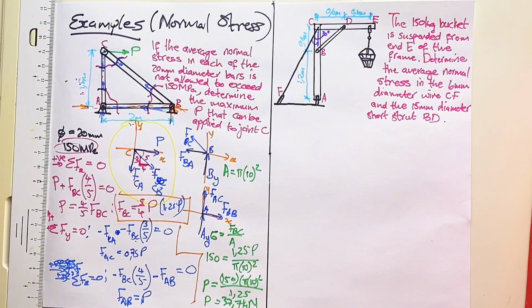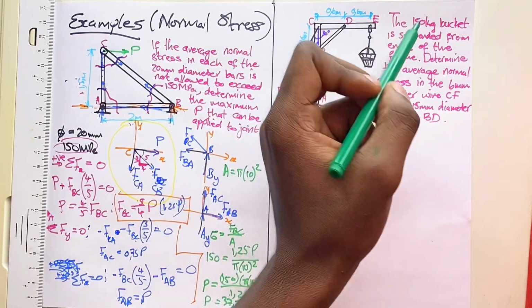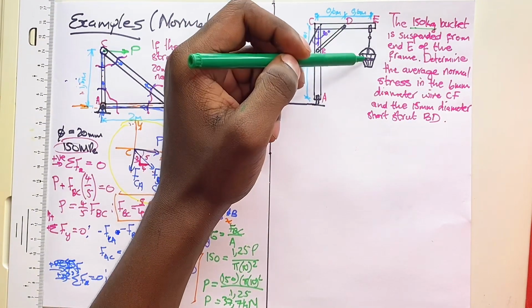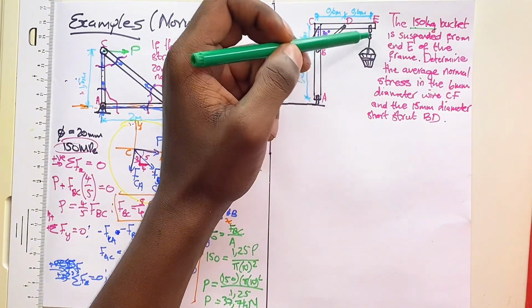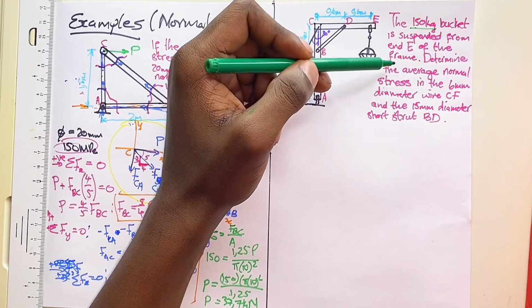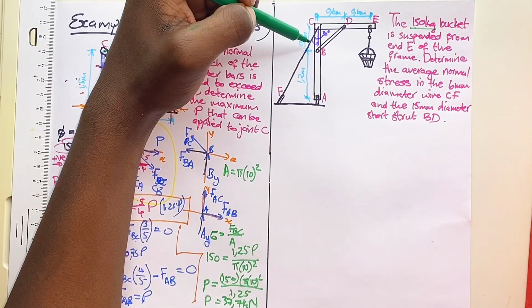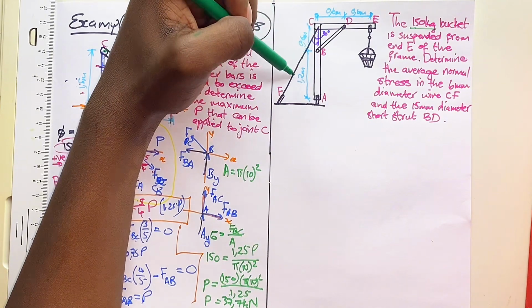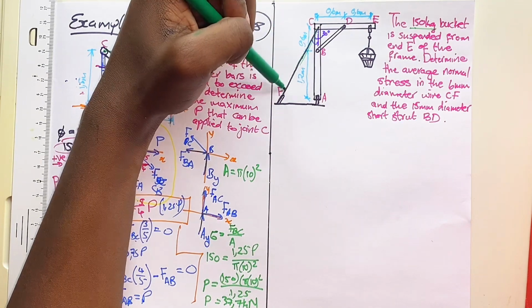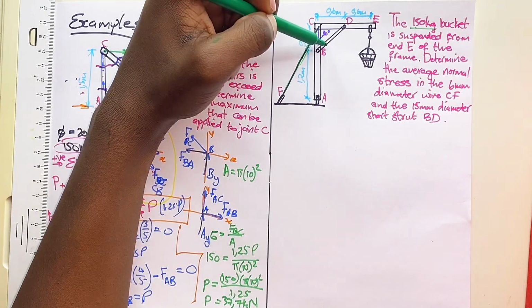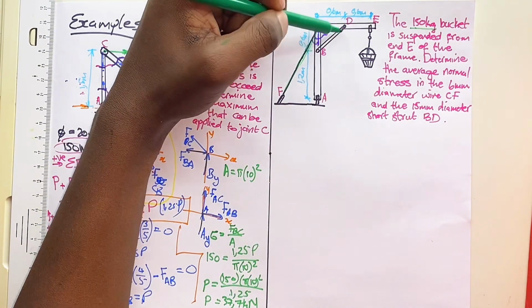The last example. Now, with the last example, it says you have a 150 kilogram bucket that is suspended from end E of the frame. Determine the average normal stress in the 6 millimeter diameter wire CF, which is this one, and the 15 millimeter diameter short strut BD.